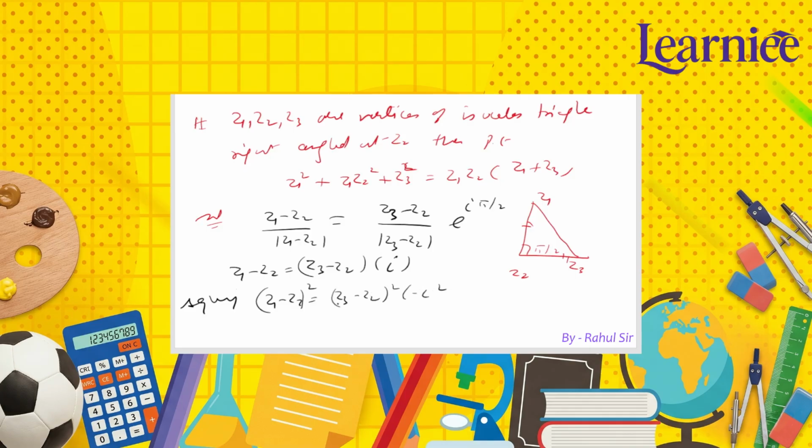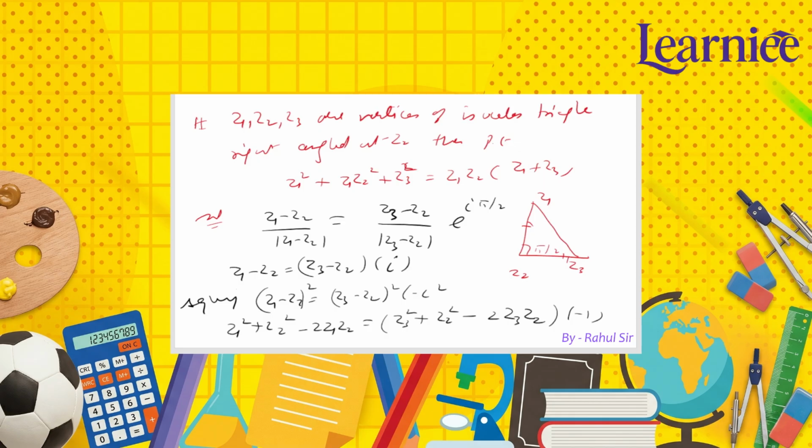Okay, so essentially we'll get Z1 square plus Z2 square minus 2 Z1 Z2 is equal to, i square is minus 1, so Z3 square plus Z2 square minus 2 Z3 Z2, and then i square is minus 1.